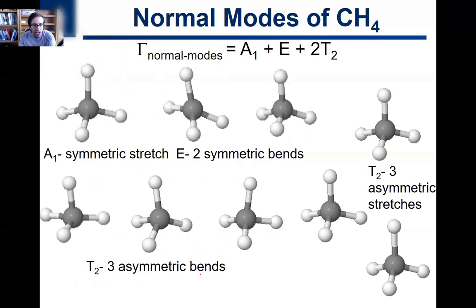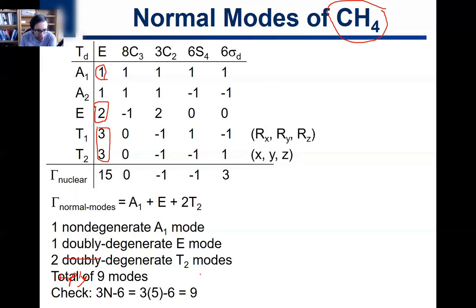Before we look at those, we have 4 different energies that these modes occur at. We have a certain energy for A1. We don't know what that energy is, but we know it's a unique energy. We have a certain energy for E, but within E, there are 2 modes that have the same symmetry and the same energy.